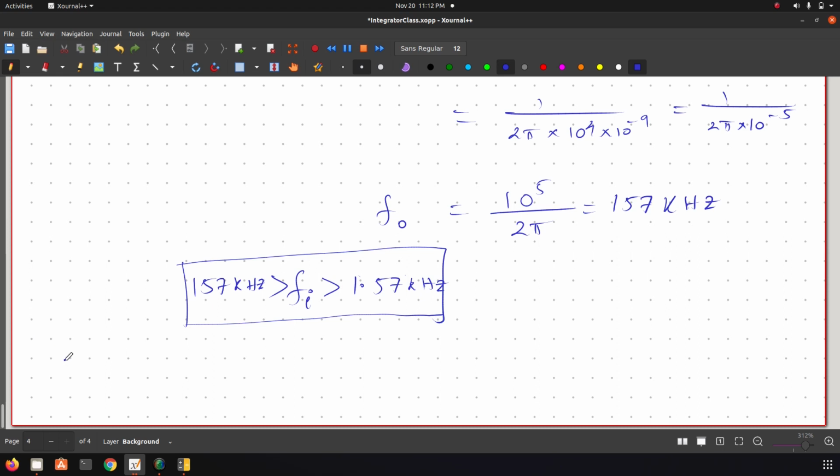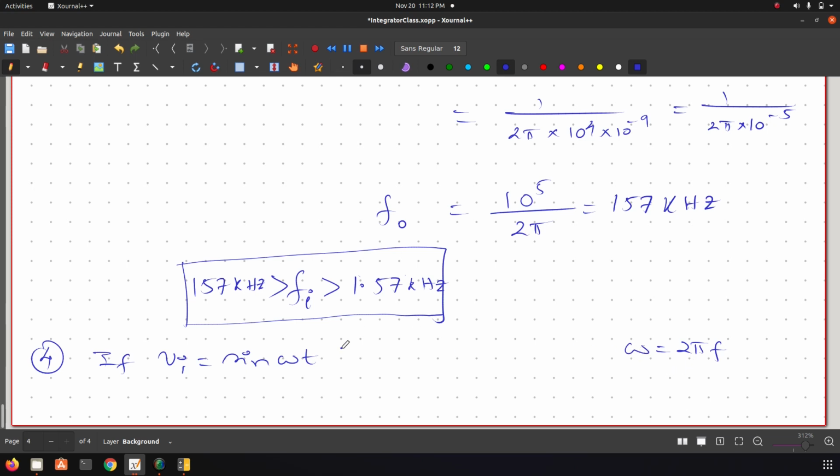So the problem is, the fourth problem: if we have an input voltage, it's a sinusoidal. Usually the input is sine omega t, right, and omega equals 2 pi times f.